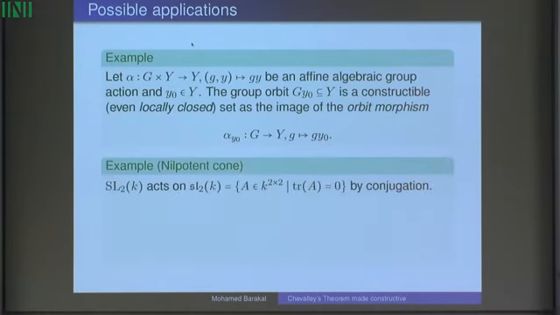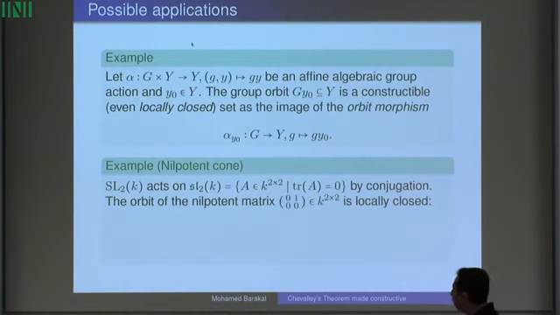Okay, so here is the most simple example I could think of. You can maybe do this in linear algebra 1. You can take SL2 over an arbitrary field K, which acts on the traceless matrices. This is the Lie algebra, and the action is the adjoint action, so in this case it's just conjugation. Then you ask about the orbit of the nilpotent matrix, the non-trivial 2 by 2 Jordan block with 0 eigenvalues.